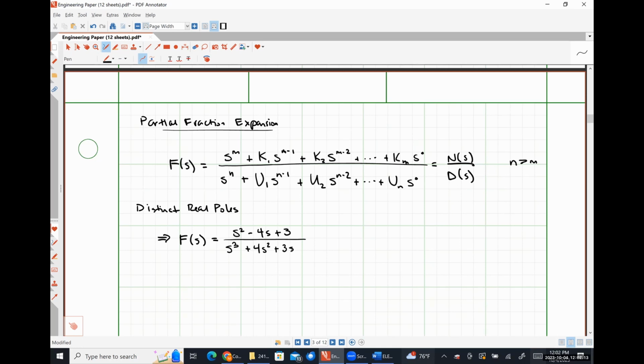Okay. So first thing, is the order of the denominator larger than the order of the numerator? Yes. Order here is 3, order here is 2. We're in arguably good shape from the jump. No fancy pants math on top of other fancy pants math to be done here. Can either of these polynomials be factored?